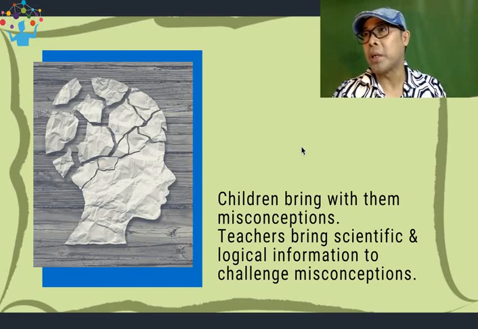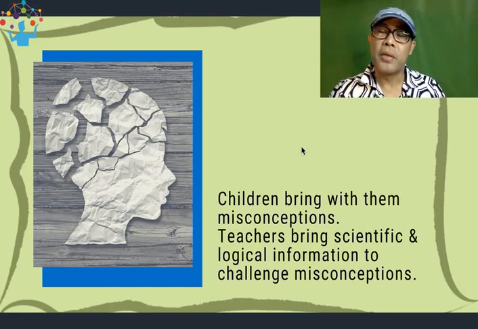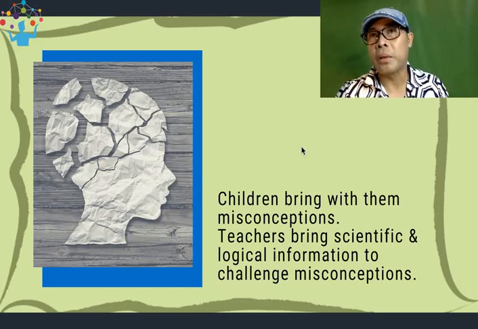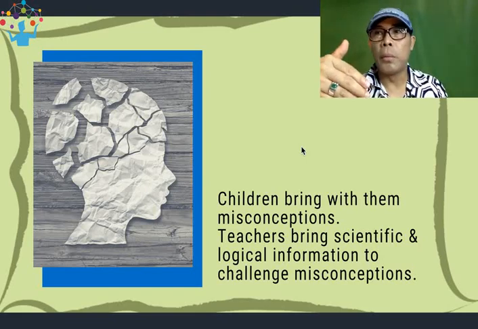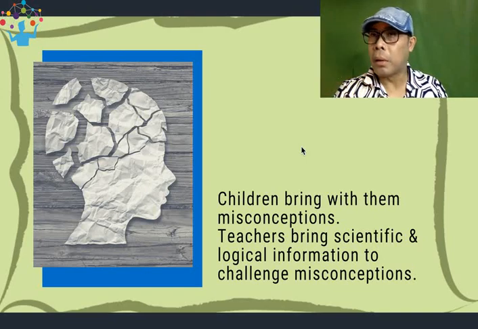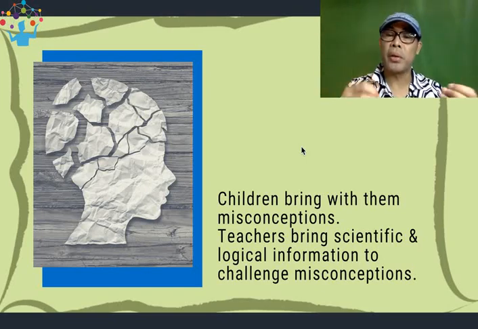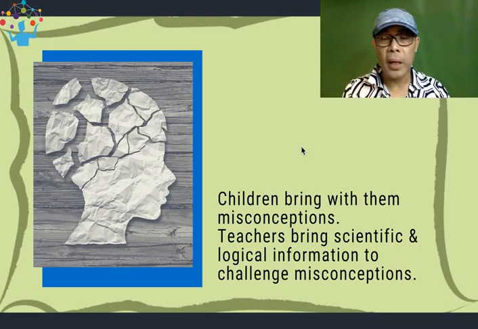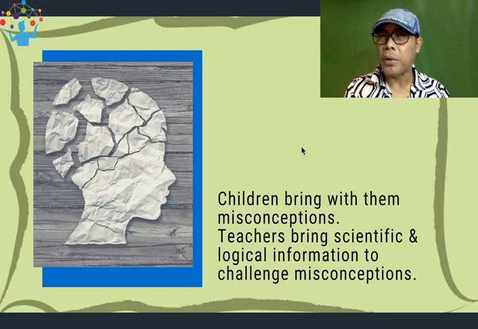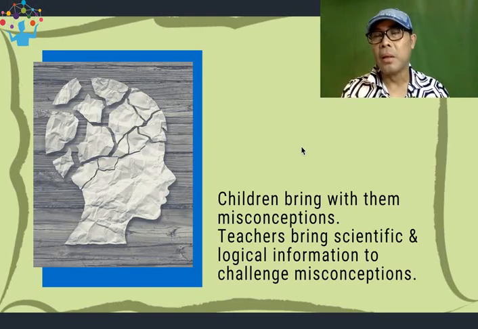For example, the misconception that males are better than females. There might be some differences, but it doesn't mean that males have to overpower others because of that understanding. So we create an opportunity to correct that.